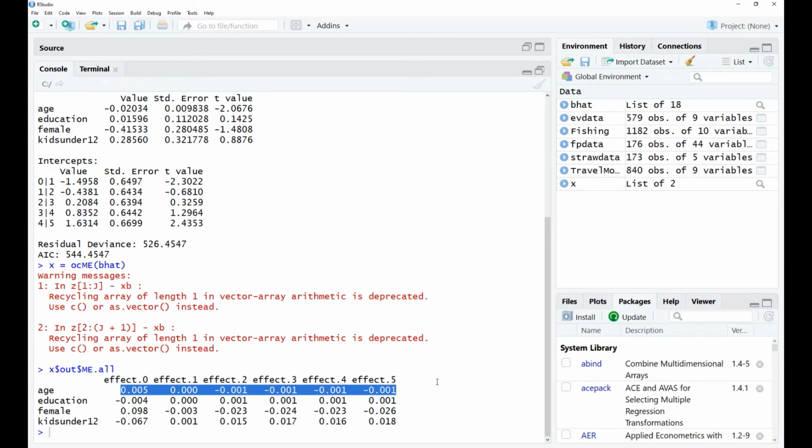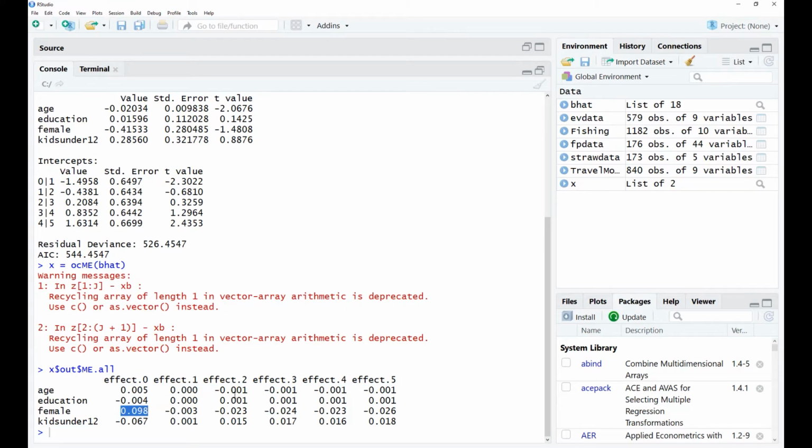Note that the sum of those effects is equal to 0. What this means is that if a person increases their age by 1 year, then they increase the probability of being in category 1. And if that probability increases, it has to decrease for the other categories as well. The same is true for female.